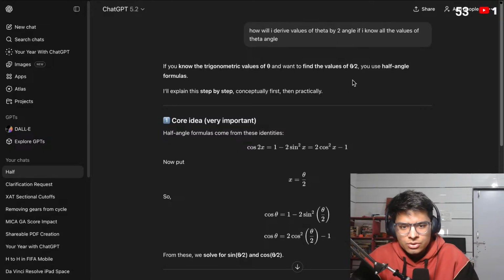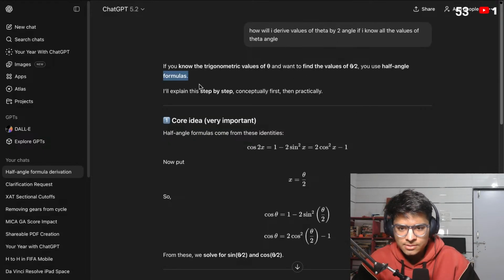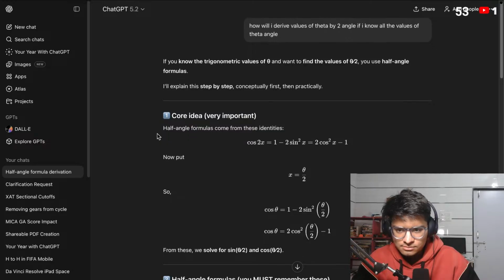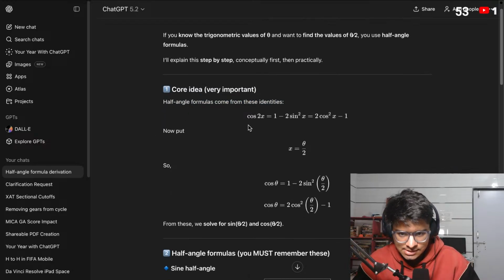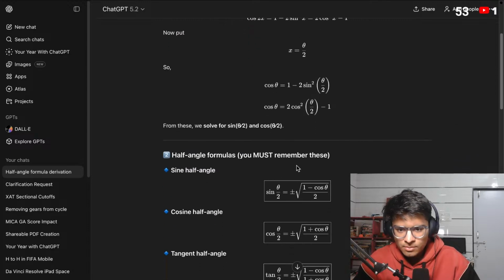You use half angle formulas. I'll explain step by step. Half angle formulas come from these identities. Cos 2x. Okay, seems complicated.